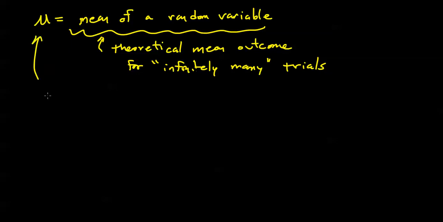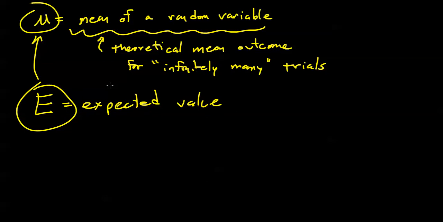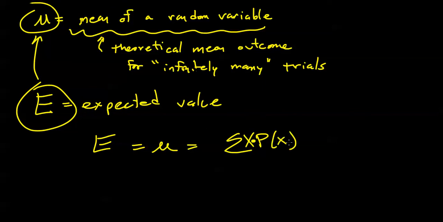Hence, we also refer to this mean value as cap E, where cap E is expected value. So these symbols, E and mu, can be thrown around interchangeably, and they both mean the same thing, summation x times p of x. And you'll see the book invoking one of these symbols or the other interchangeably.